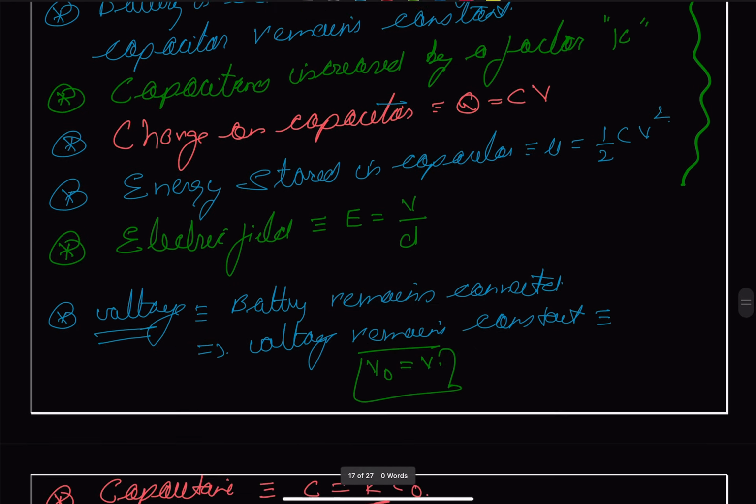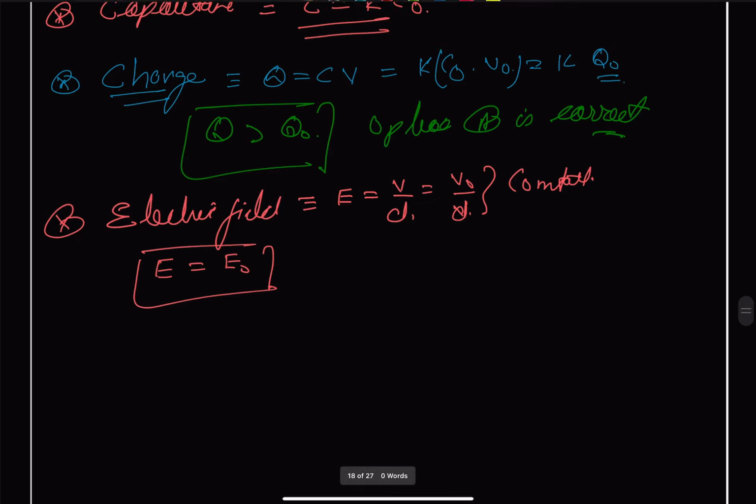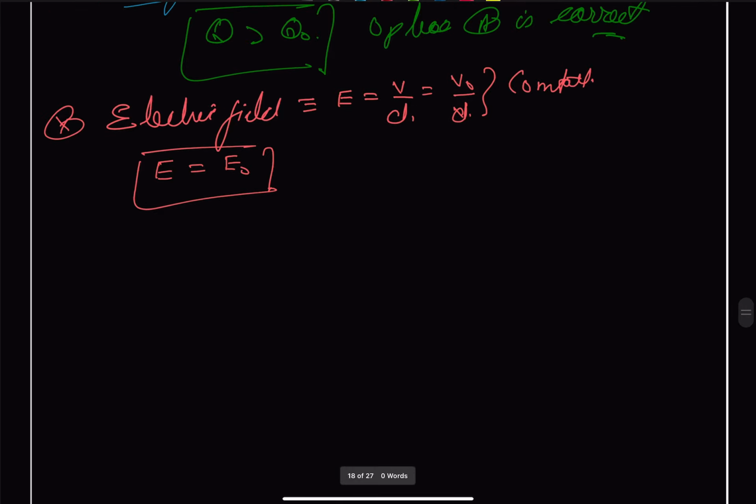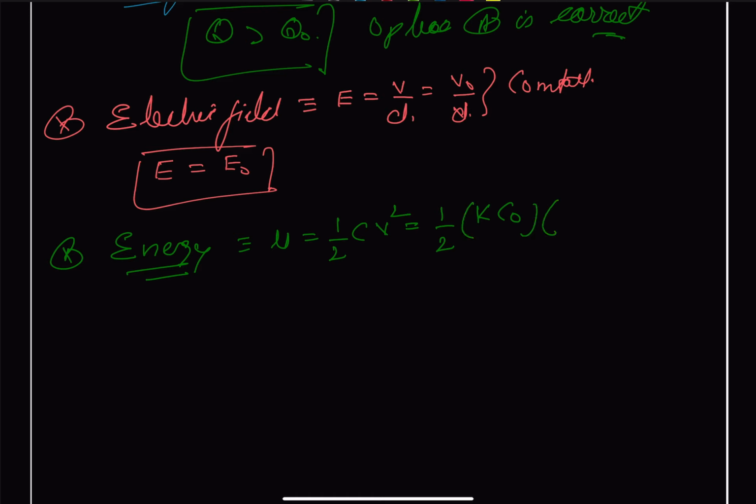And next is our energy. And energy is U is equal to half CV square, and capacitance we know is K times C naught, and voltage is our V naught. So we get U is equal to K times U naught.